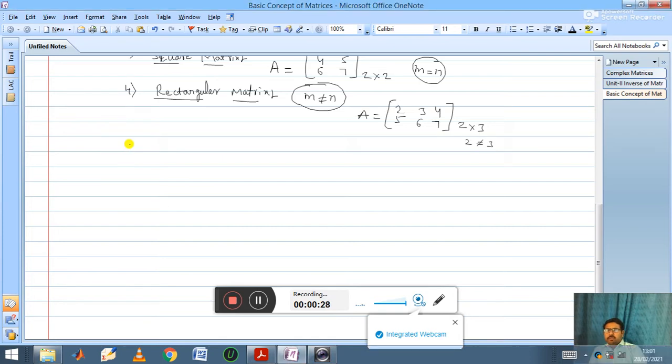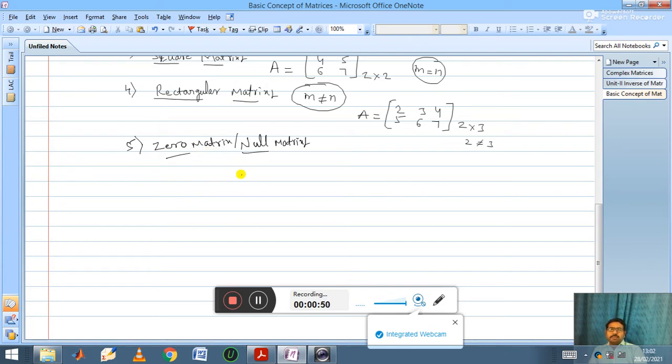So, fifth one, zero matrix or null matrix. The name itself shows it.